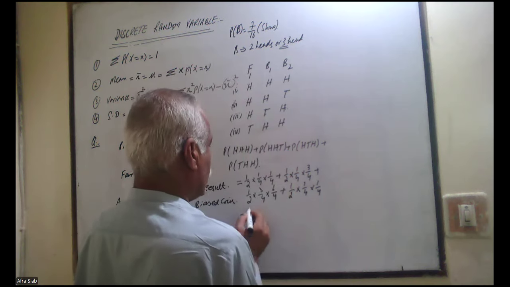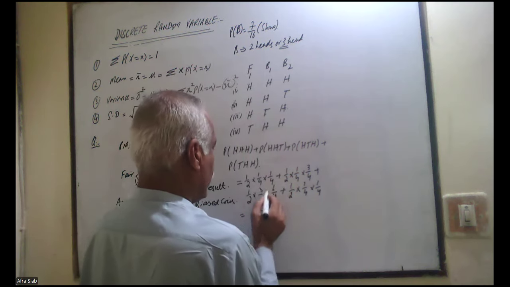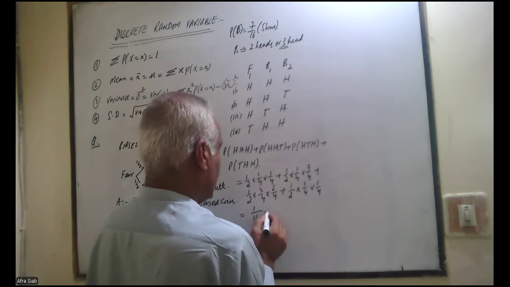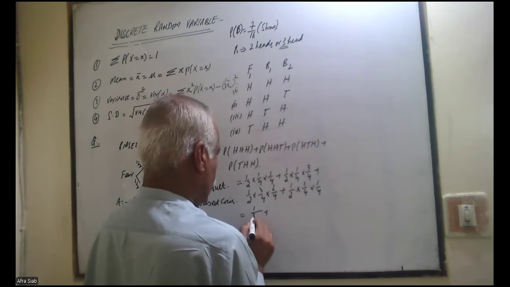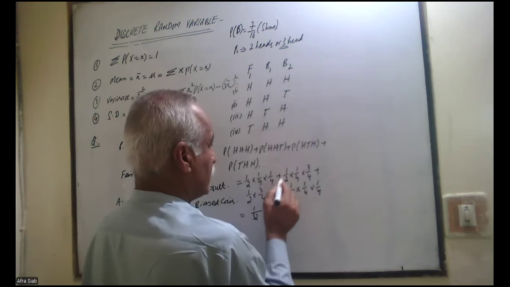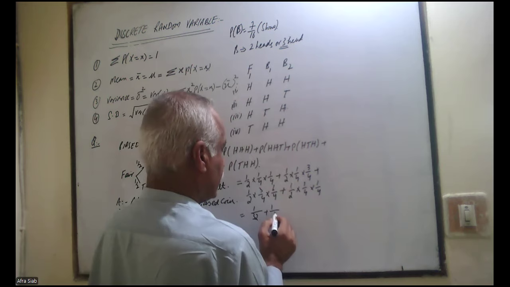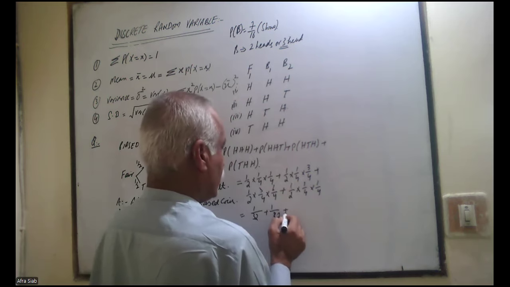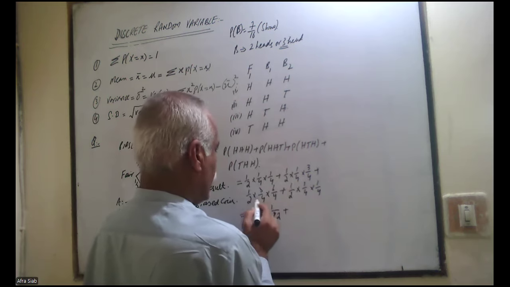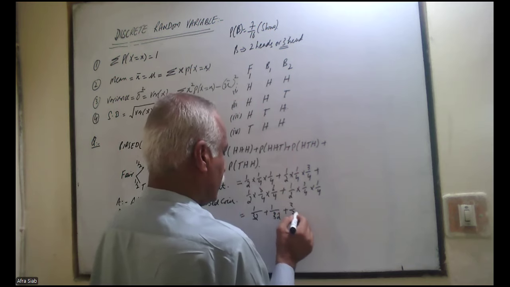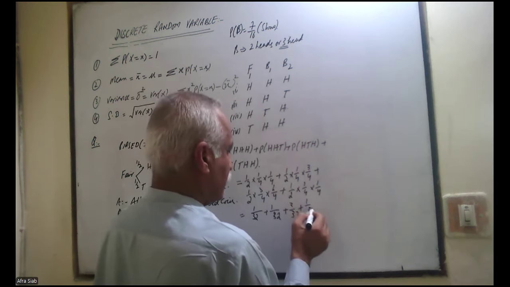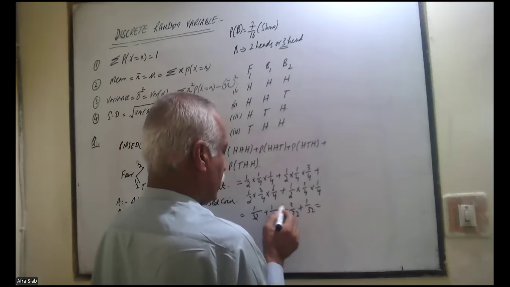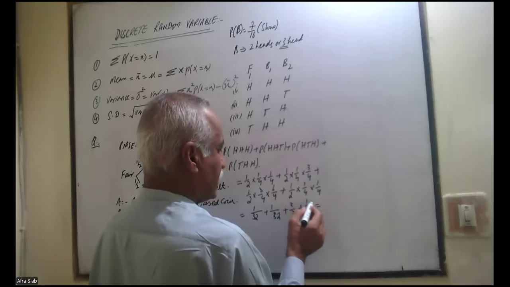So this is equal to 1 over 32 plus 3 over 32 plus 3 over 32 plus 1 over 32, and that is equal to 8 over 32, which gives the result.